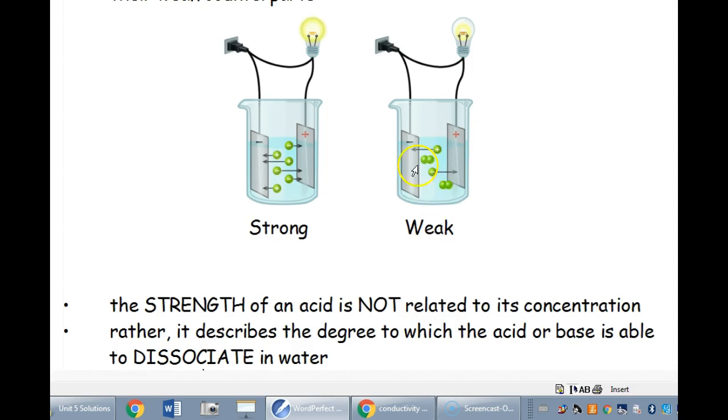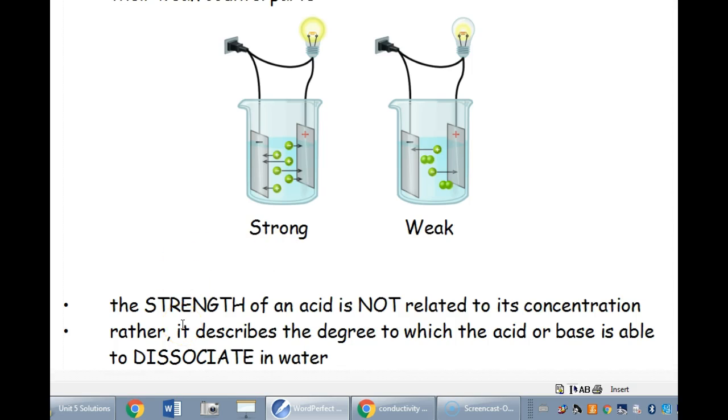You notice here in the picture of the weak acid that you still have some molecules remaining, whereas 100% of the acid molecules have dissociated in my strong solution.